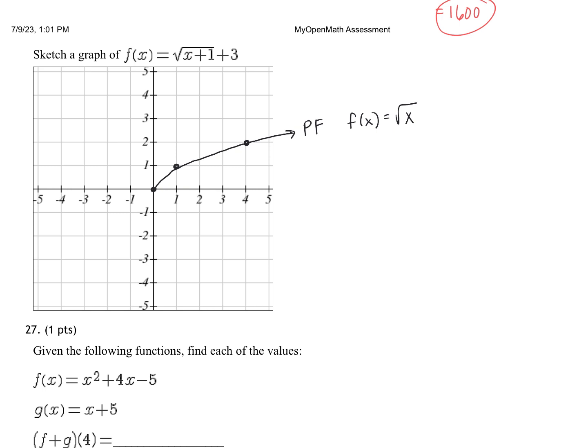And now we're going to shift it. This plus 1 inside or under the radical shifts to the left 1, and the plus 3 on the outside shifts up 3. So each of these points, we're going to move left 1, up 3. And we'll draw our graph, and that will be it.